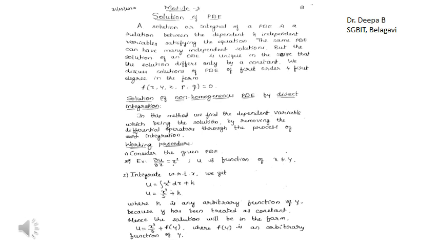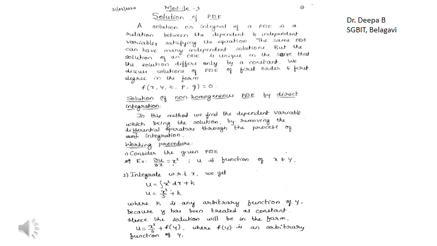Solving a PDE is nothing but considering one PDE, which may be homogeneous or non-homogeneous, and solving it to get the solution of that equation. So what is a solution of a PDE? A solution, also called an integral of a PDE, is a relation between the dependent and independent variables satisfying the equation.